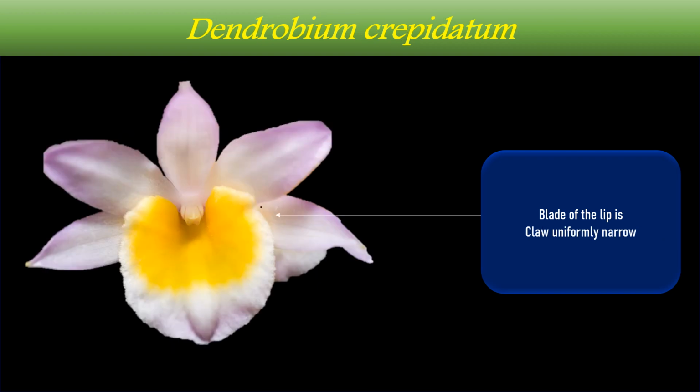Then comes to our Dendrobium crepidatum. Dendrobium crepidatum is an epiphytic orchid, and you can see here the blade of the lip is claw uniformly narrowed.